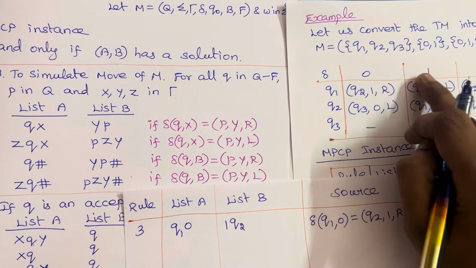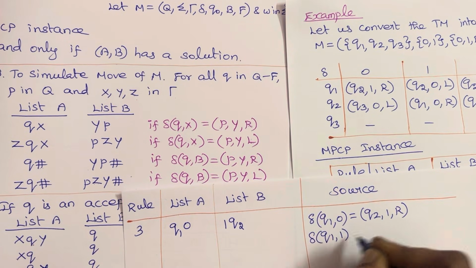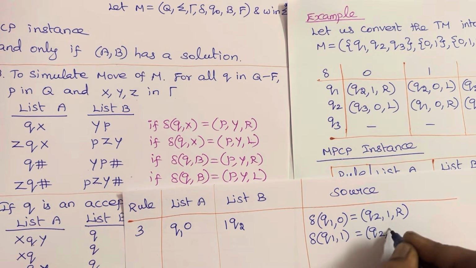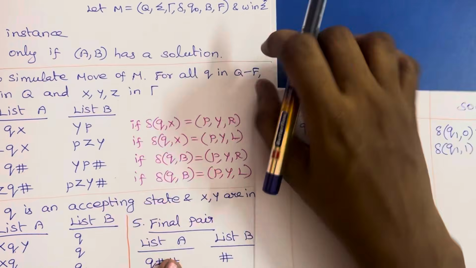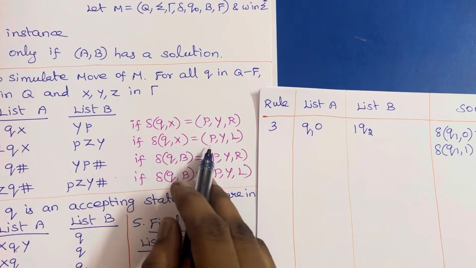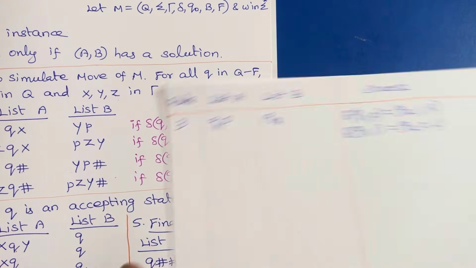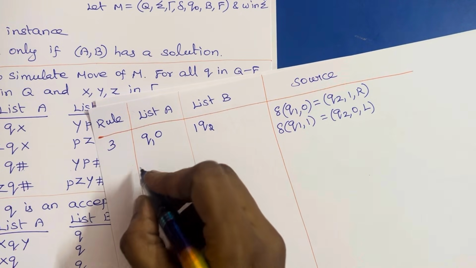So the second transition rule is del of q1 comma 1 equals q2 0 left move. So here tape symbol and left move. So it is case 2. So we have to write zqx then pzy. Z means first we have to consider 0 as z, then we have to consider 1 as z.